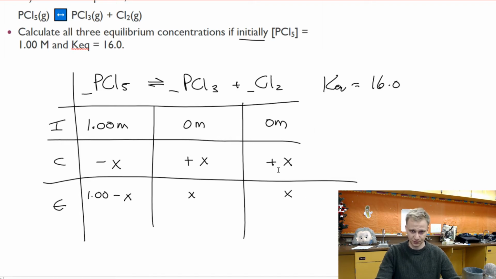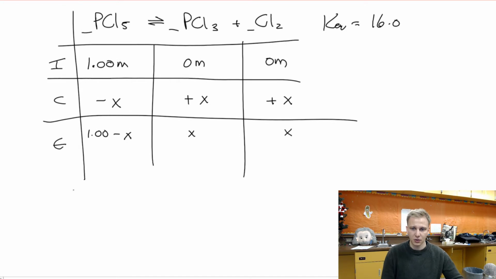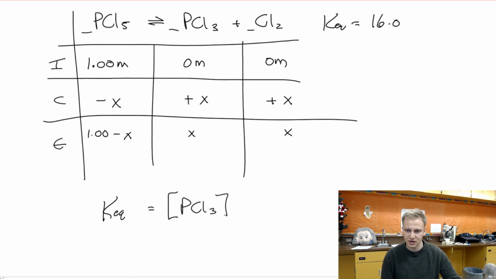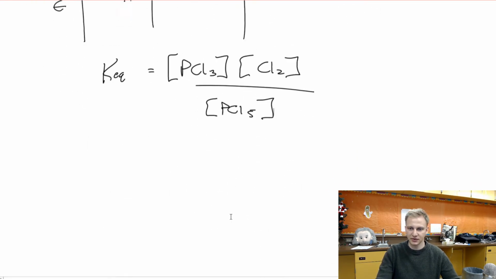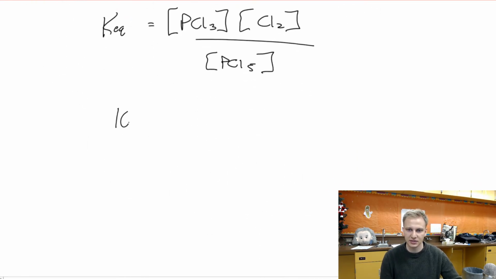PCl3 and Cl2. From there, what we want to do is generate our KEQ expression, where we have the concentration of products, so PCl3 multiplied by Cl2, divided by the concentration of the reactants in this case. So we can start filling in some of the numbers. We know that KEQ is equal to 16.0.